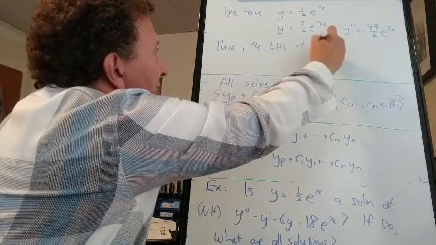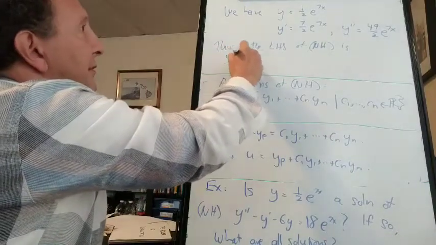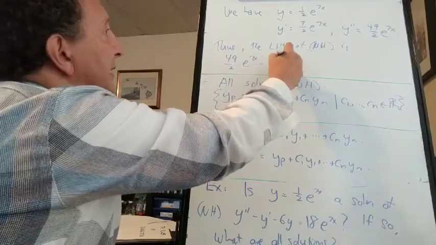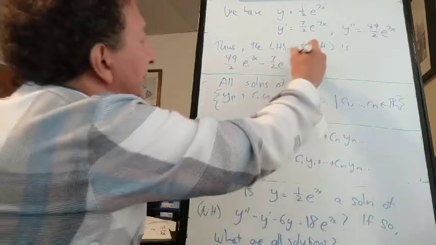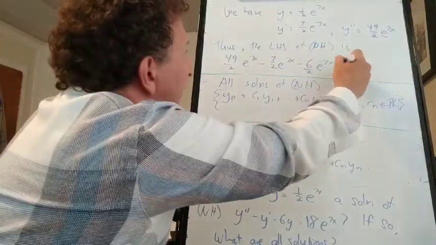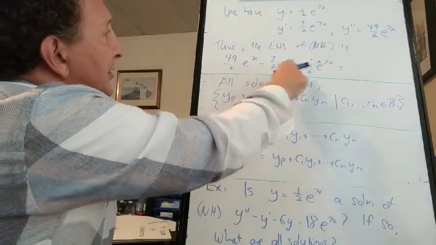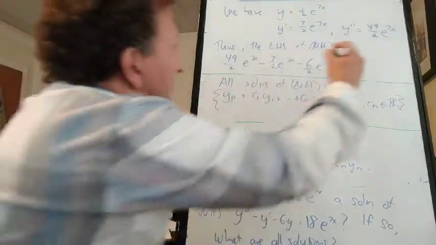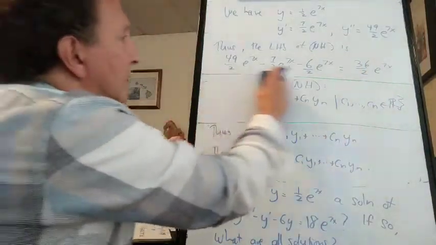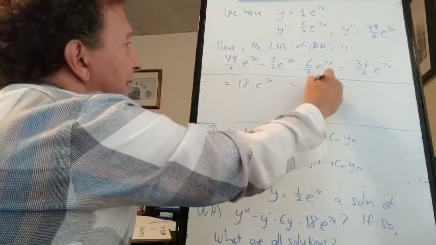So the left-hand side of our non-homogeneous equation is second derivative, 49/2 e to the 7x, minus first derivative, minus 7/2 e to the 7x, minus 6 times the function, minus 6 times 1/2 e to the 7x, which is, let's see, 49 minus 13 is 36. 36/2 e to the 7x, which equals 18 e to the 7x, which equals the right-hand side.